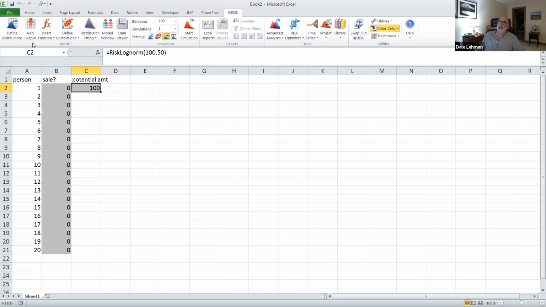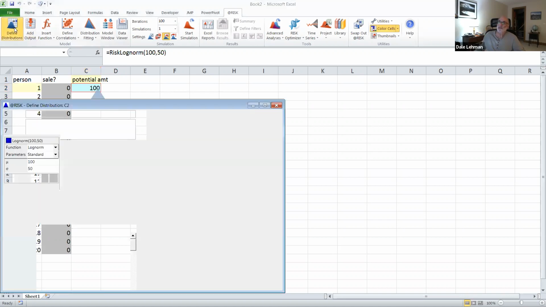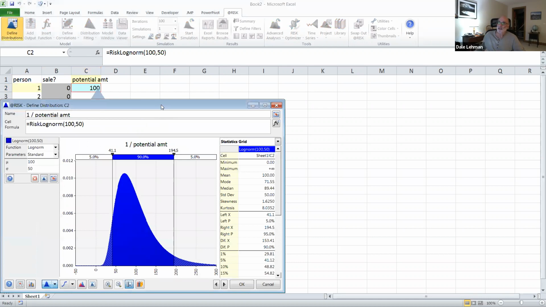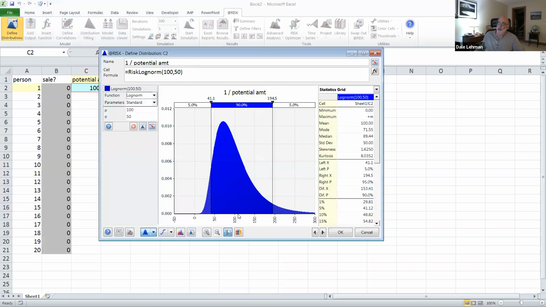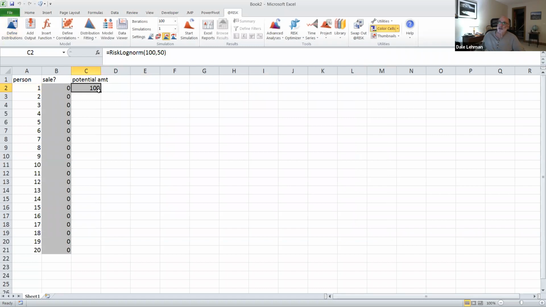So let's just see what that looks like. That's a skewed distribution. The sales could be as high as 300. Most of the time they'll be less than 100. And let's just assume that that's the potential sale that we make at each person. And that's also uncertain.